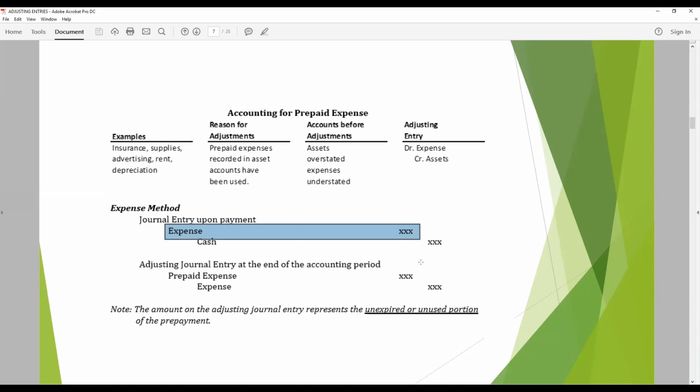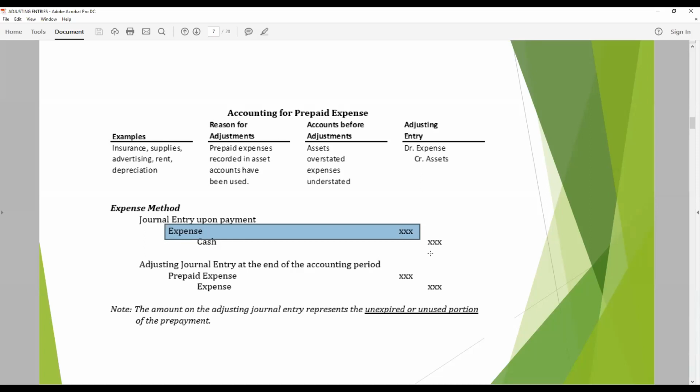You didn't recognize an asset when you paid for that prepayment. So you debit expense, credit cash. And then your adjusting journal entry at the end of the accounting period will be debit prepaid asset or prepaid expense and credit expense. Ngayon, binabalik nyo sa asset account yung unexpired portion under expense method naman pag mag-a-adjust kayo.